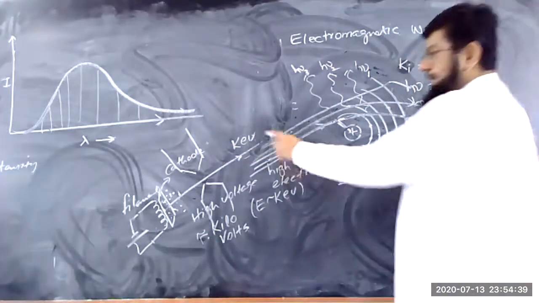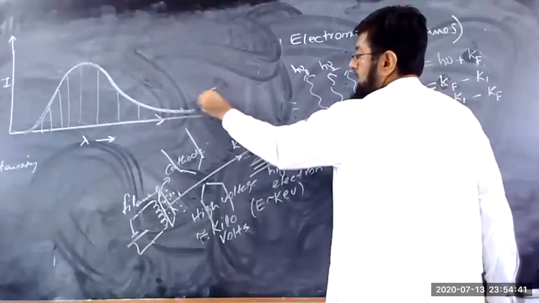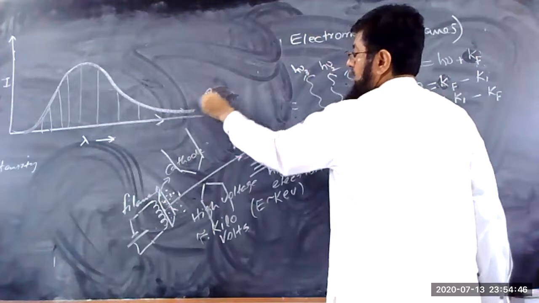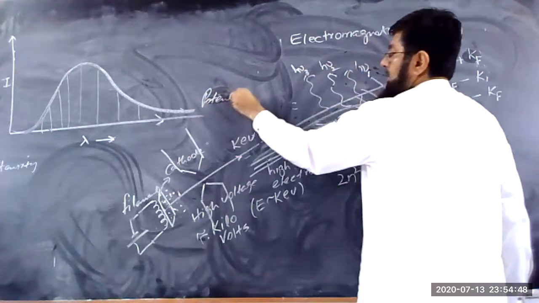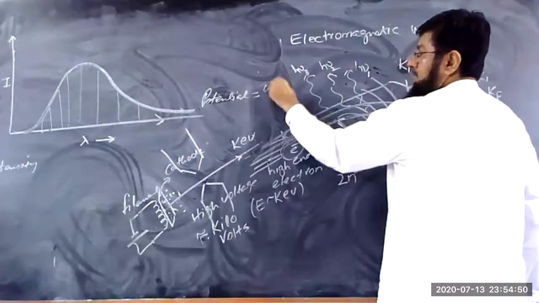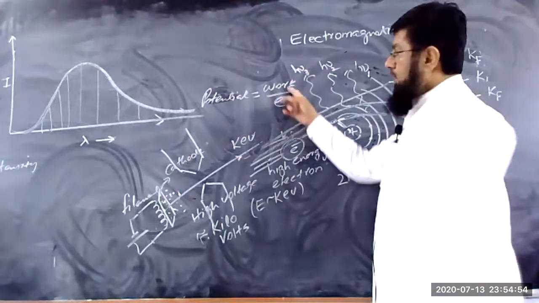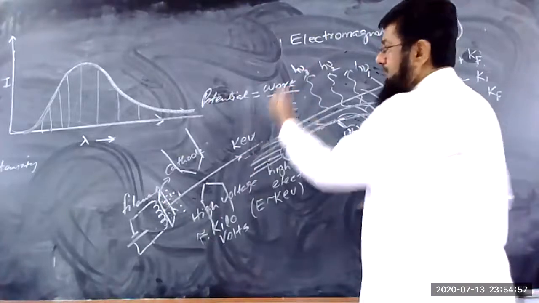Because you know that the energy, potential is the work per unit charge. Charge is the electron. Work is the energy, which we call kinetic energy.